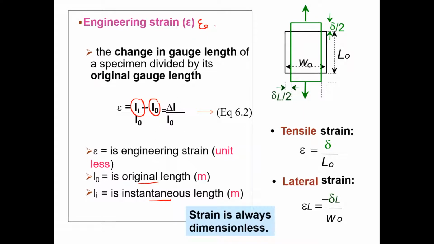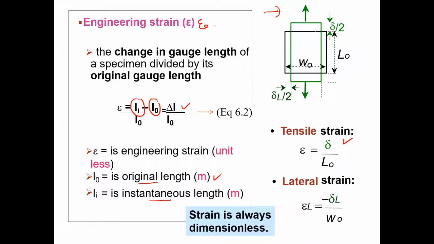So the difference between these two, delta L, over the original length of the specimen, then we will have this strain. There is no unit for strain. And here in this figure, this is the tensile strain. Epsilon is equal to delta L over L naught.